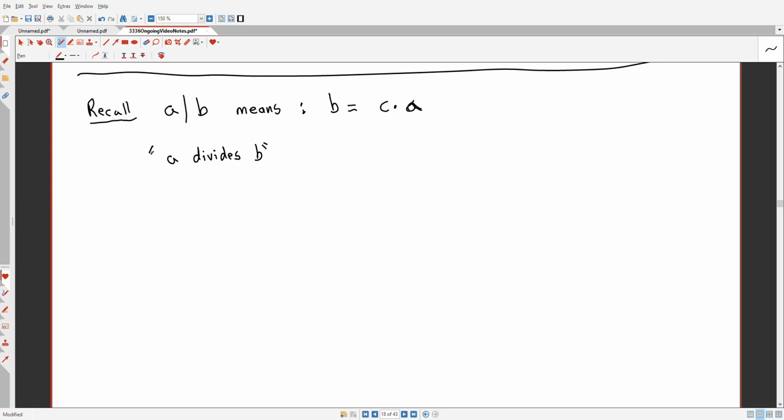We also mentioned saying that B is a multiple of A. And now I just want to make sure I have this word on the record, which is A is a divisor of B.